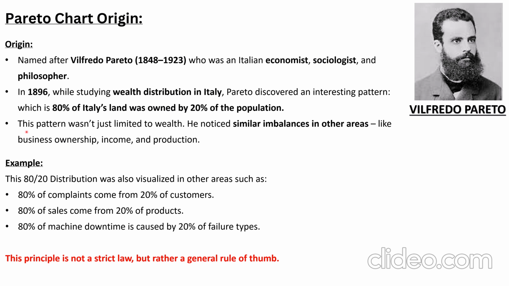This 80-20 distribution pattern was not just limited to the wealth distribution study. Similar imbalances were also noticed in other areas like business ownership, income, and production. For example, 80% of the complaints in a company come from 20% of the customers. 80% of the sales come from 20% of the products. 80% of the machine downtime is caused by 20% of the failure types.